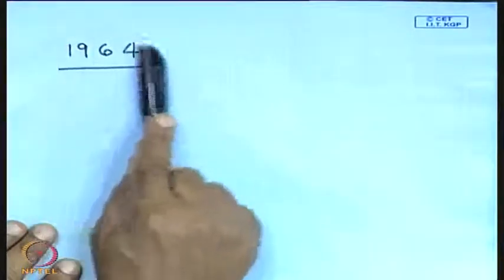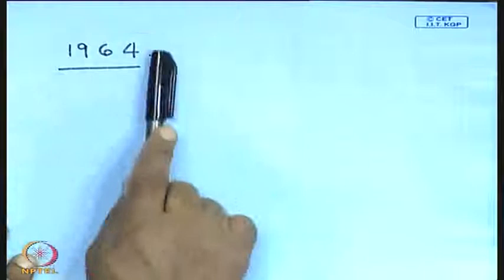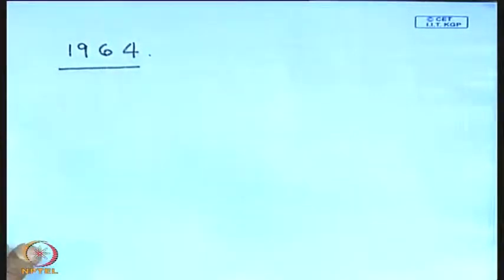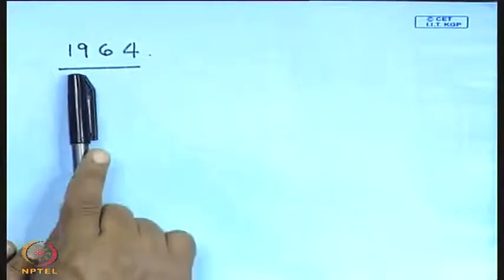Quite before that there were speculations that one expects to discover such a thing. We shall learn about these later in this course. Let me just jump straight away to the discovery.